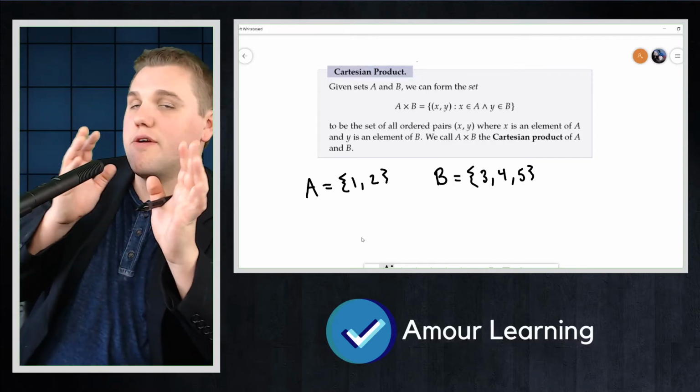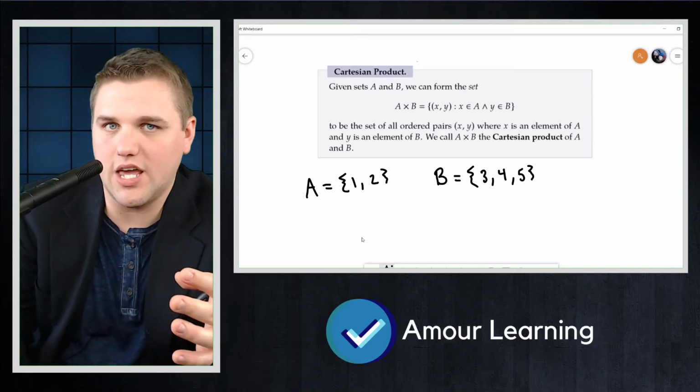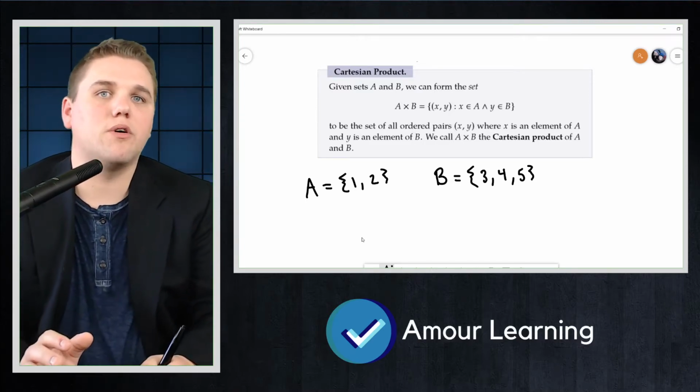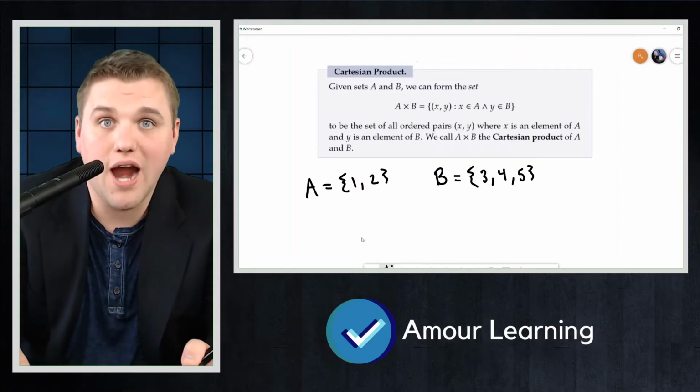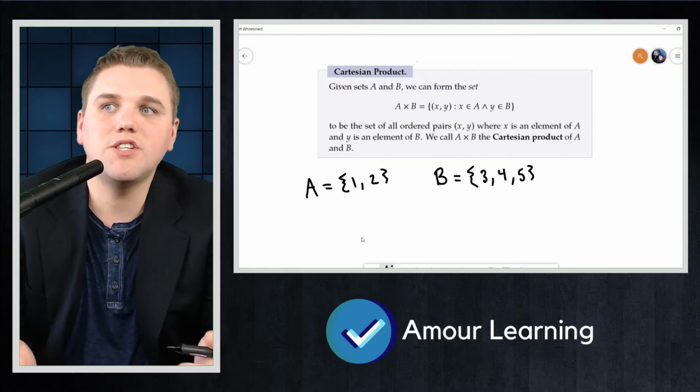Before we get into this, I want to give you a conceptual understanding of what the Cartesian product is. If you take the real numbers and cross the real numbers, you actually get ordered pairs where all the coordinates are real numbers. This is just the plane.